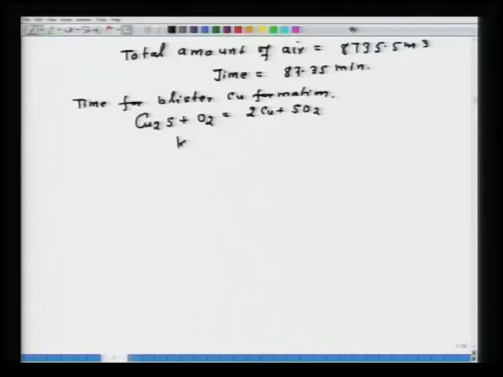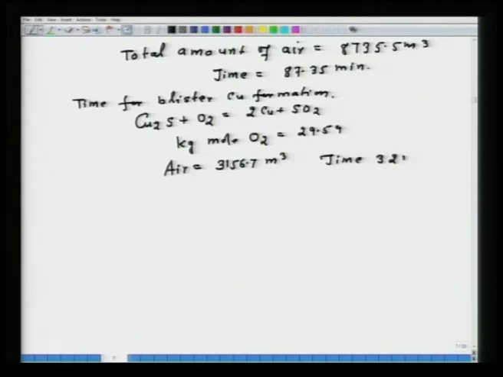The kg moles of O2 required come to 29.59, and from here the air is 3156.7 meter cube, of course at 1 atmosphere and 273 Kelvin, and the time comes to 32 minutes. So, that is the answer for part C.